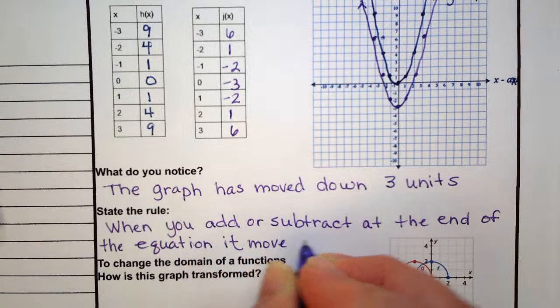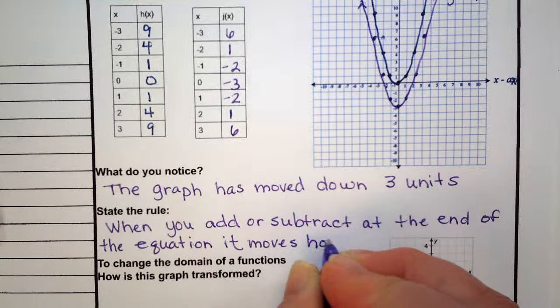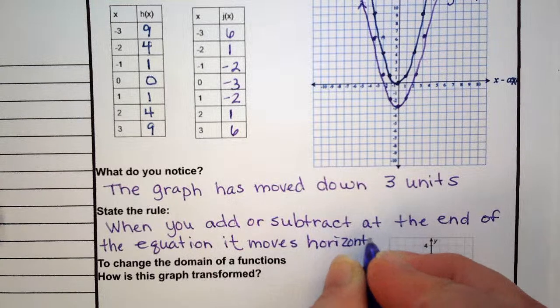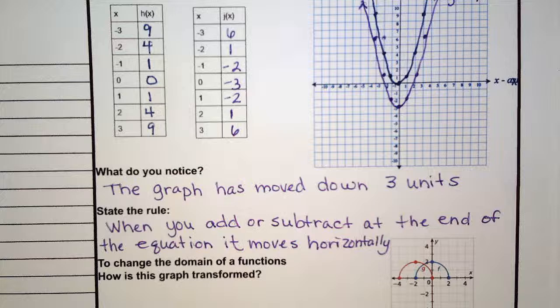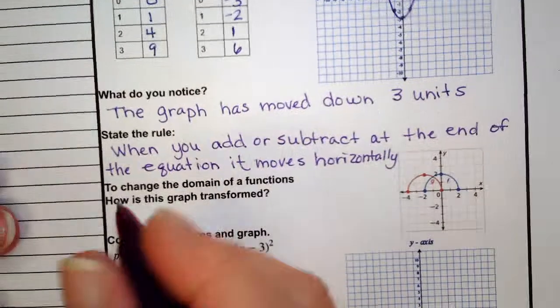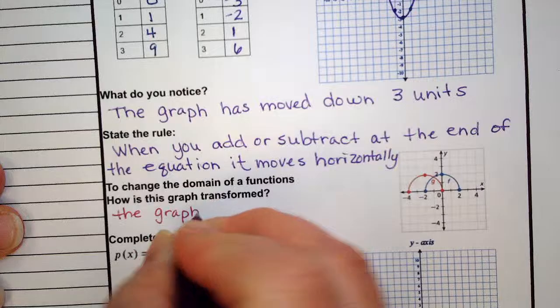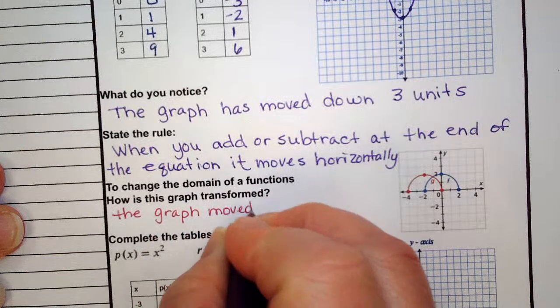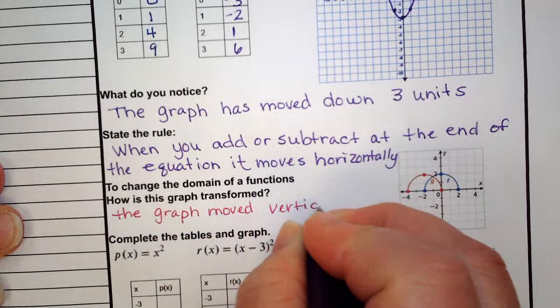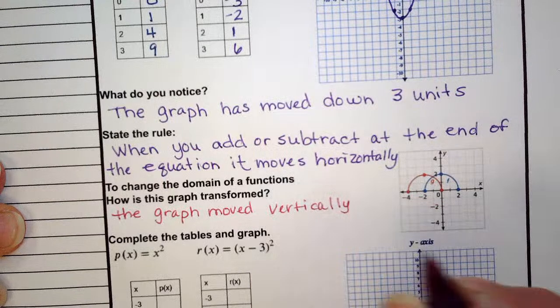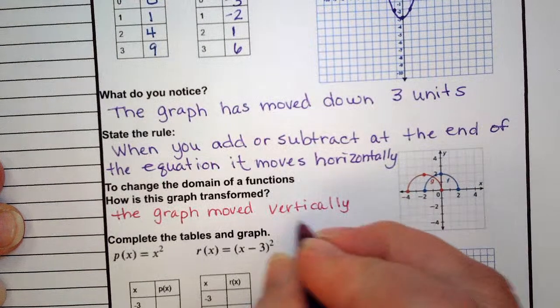In other words, it moves horizontally. Okay, what happened here? I've started in the middle and it's moved to the left. The graph has moved vertically, and that would be 2 units.